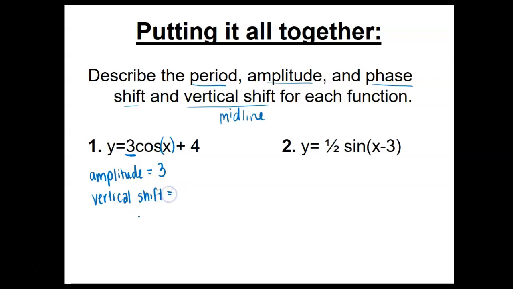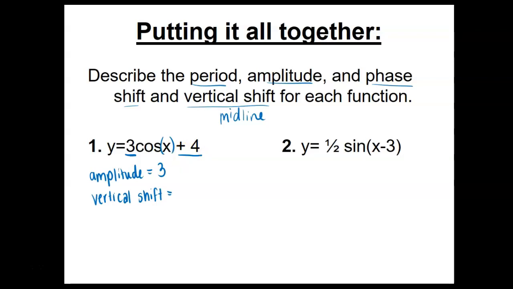Vertical shift is how much the graph has been moved up or down. What do I have for this one, Sadie? What's my vertical shift? It is not with the x. Vertical shifts are added to the end of the equation. Added or subtracted. So our vertical shift is going to come from this plus 4, which is going to tell us we got to do what to the graph?